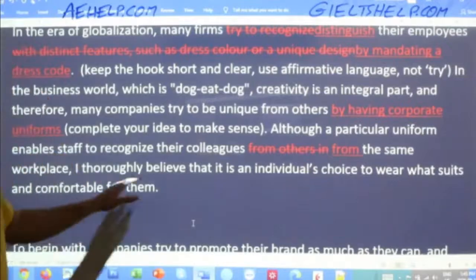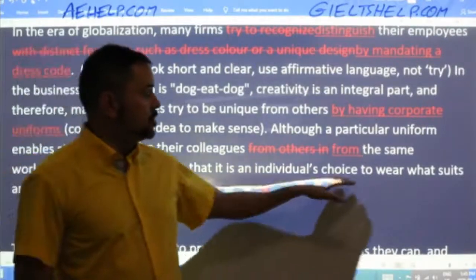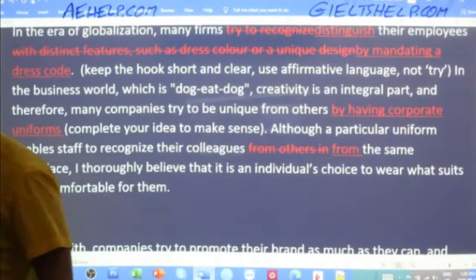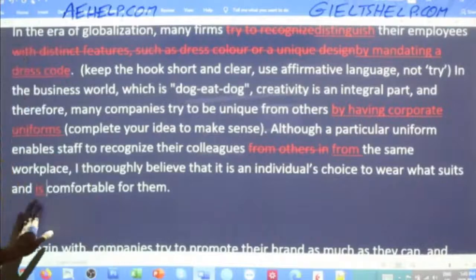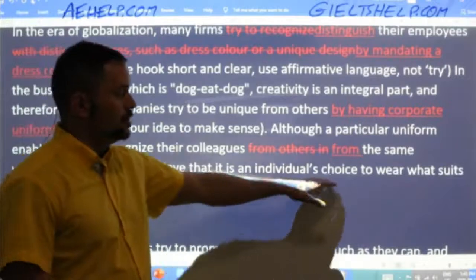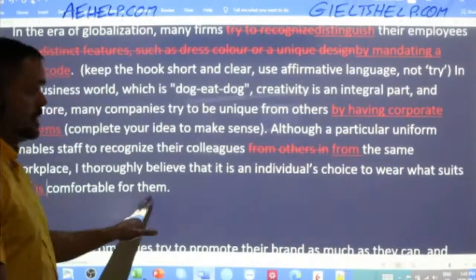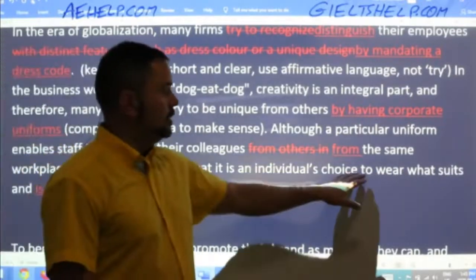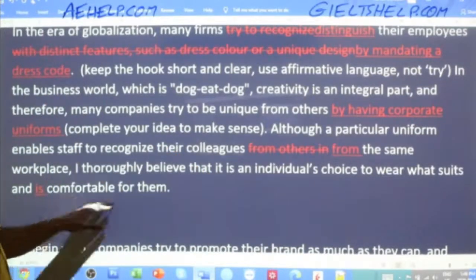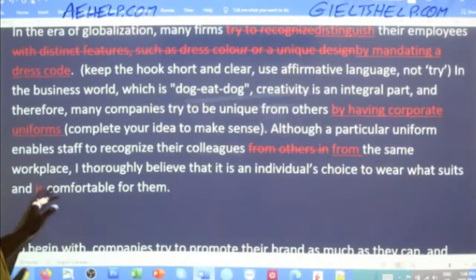I thoroughly believe that it is an individual's choice to wear what suits and is comfortable for them. So there's a missing be verb here because this sentence should read individual's choice to wear what suits them or and is what suits them or what is comfortable for them.